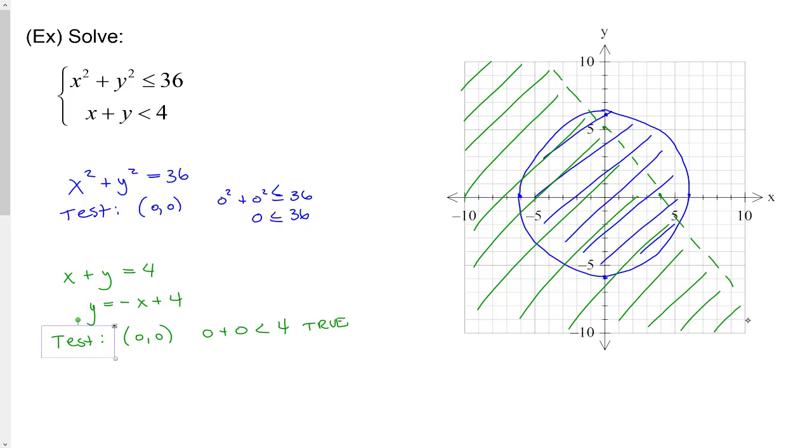All right, now, the last thing is, what part of this is the solution region? I'll switch over and use a different color here. The solution region is going to be the part that is contained in the overlap region. So right along here and along this dashed line and everything on the inside of that.